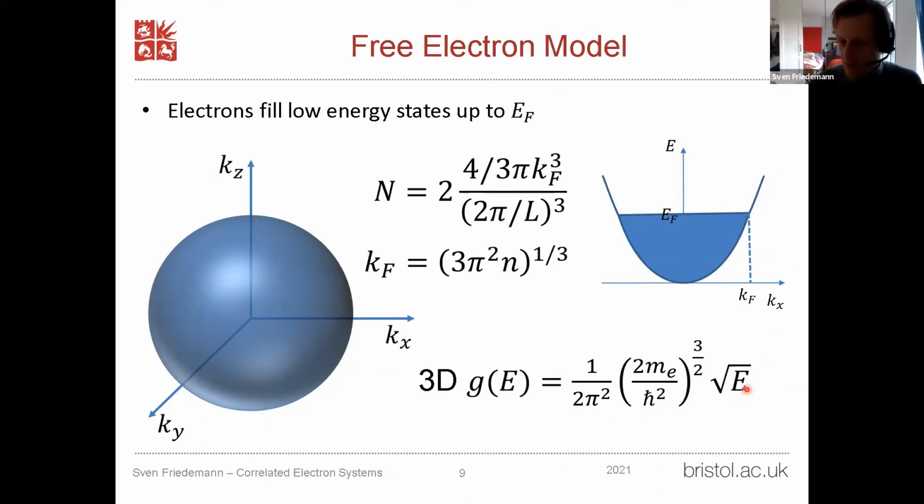So would you know what the density of states looks like in 2 dimensions? I see something in the chat. Yeah, Siet says correctly that in 2 dimensions, the density of states is independent of energy.